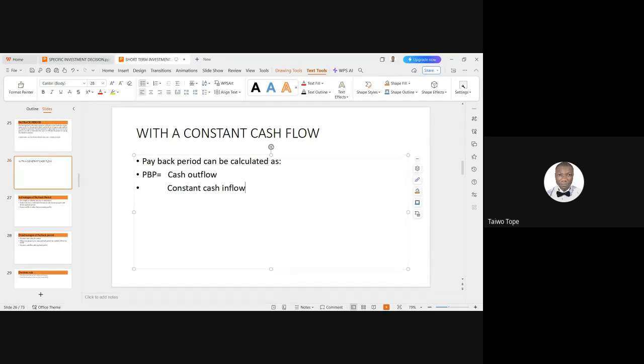When you do this, it will give you the number of years. You get the payback period using this approach, where you have a constant cash inflow.